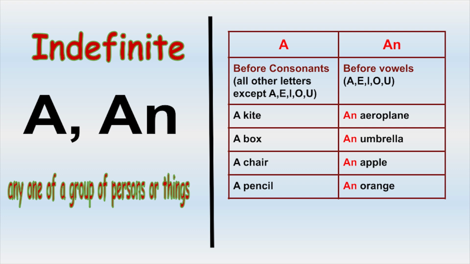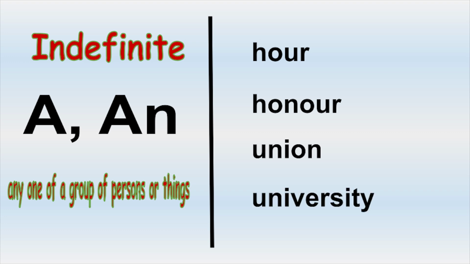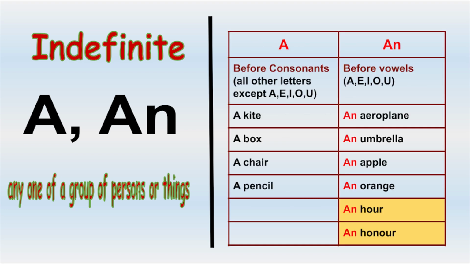But what about words like hour, honor, union, and university? Hour and honor start with a consonant, but the H is silent, giving us a vowel sound, so we would use the article an before these nouns.